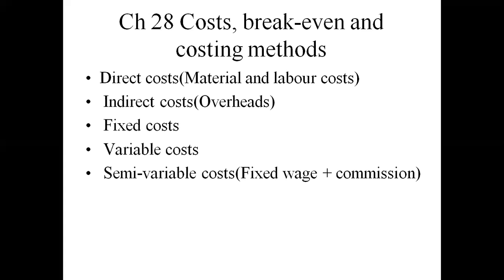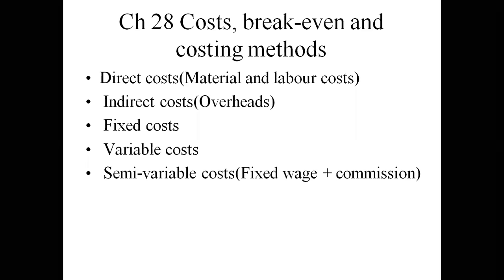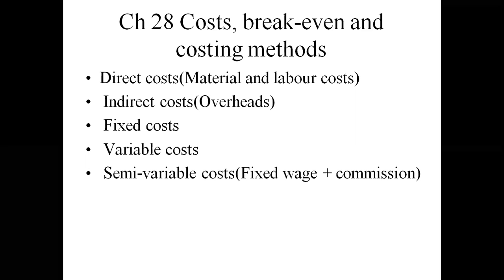So it means that yes, it is varying with the level of sales the business is making. So commission is part of variable cost, whereas wage is part of fixed cost. So in this case, it is a cost which is a mixture of fixed and variable. That is why we are calling it semi-variable cost.